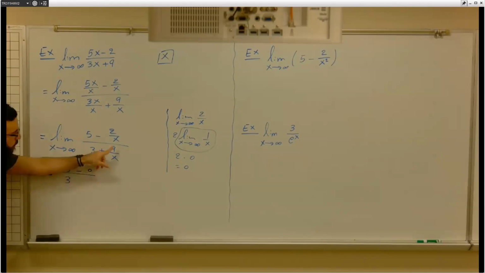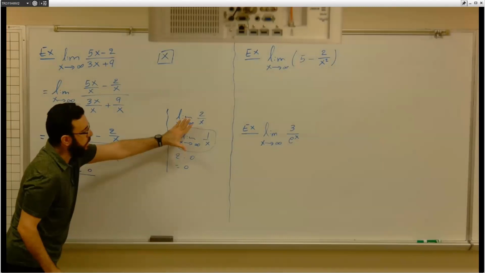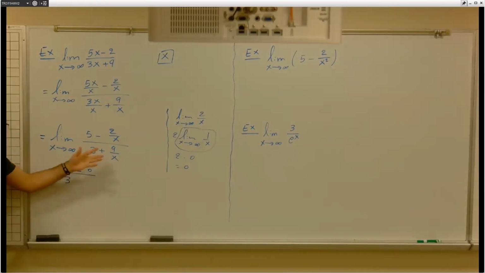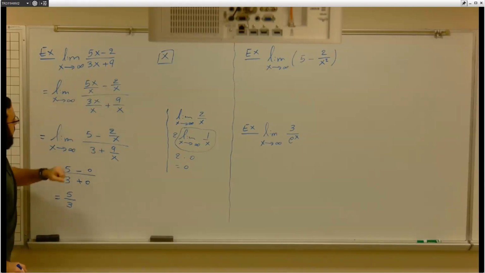The limit for 9 over x is exactly what we did here, because 1 over x is 0. That means the limit for 9 over x is going to be 0. That means the result is going to be 5 over 3. So the limit when x approaches infinity of 5x minus 2 over 3x plus 9 is going to be 5 over 3.